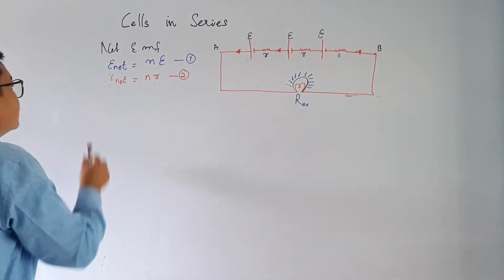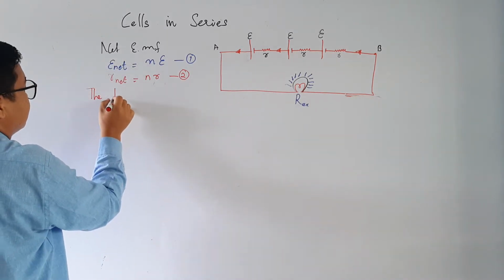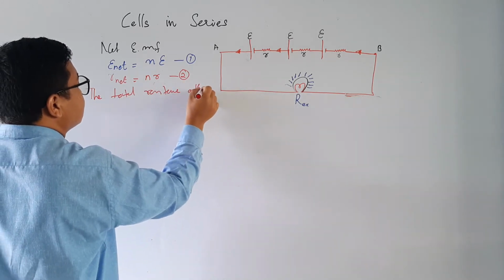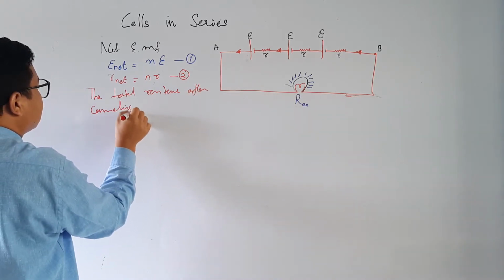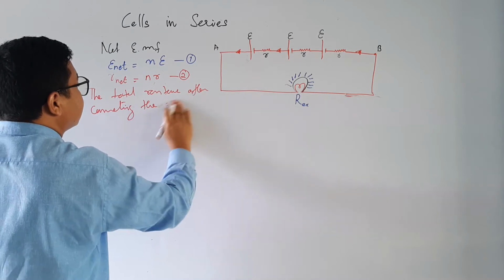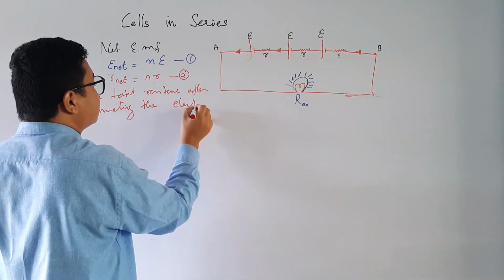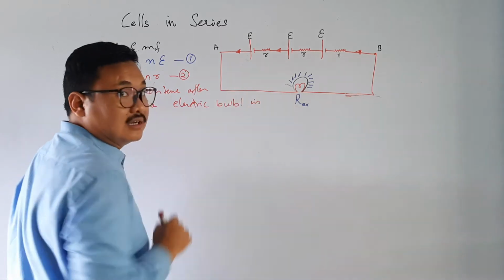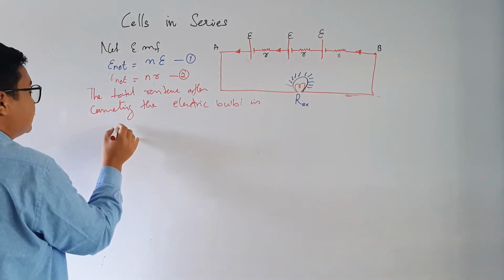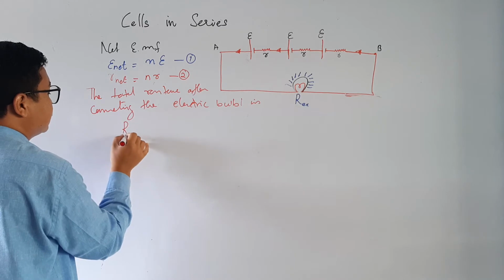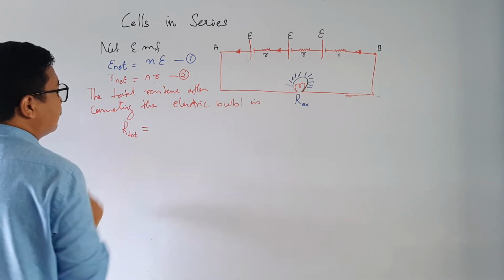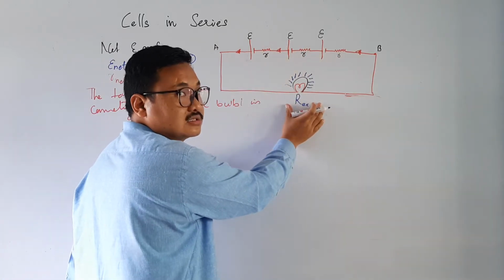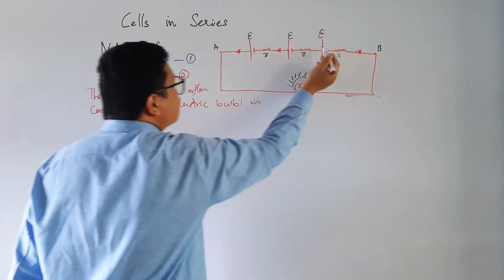Now how much will be the net resistance in this situation? The resistance will be this plus the resistance of this bulb. In the second case, after connecting the electric bulb, the total resistance, let me write R total, is equal to the resistance of this plus this resistance, because all these are connected in series like this.